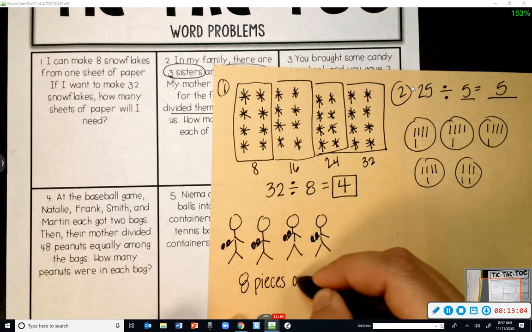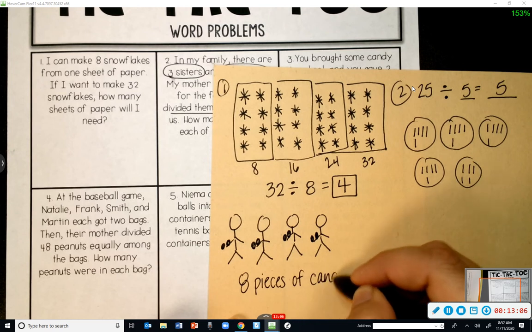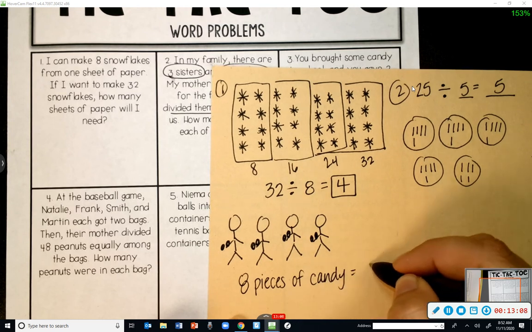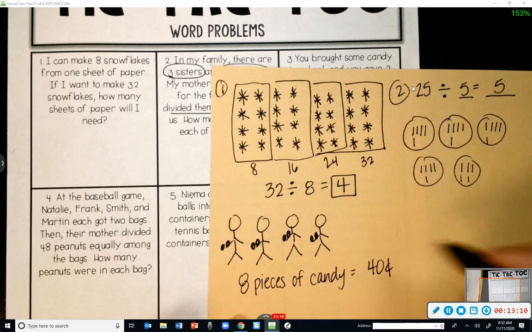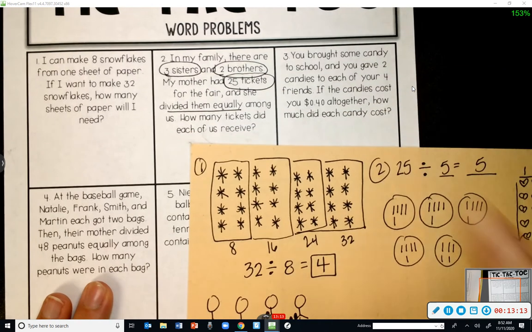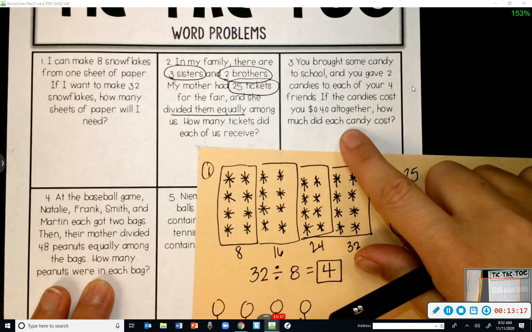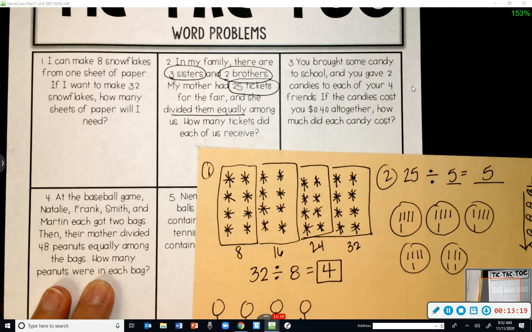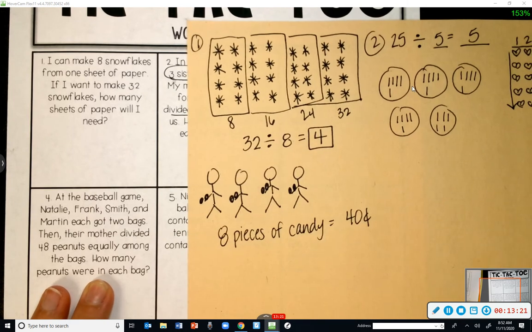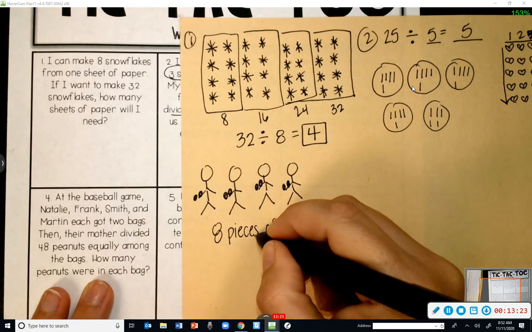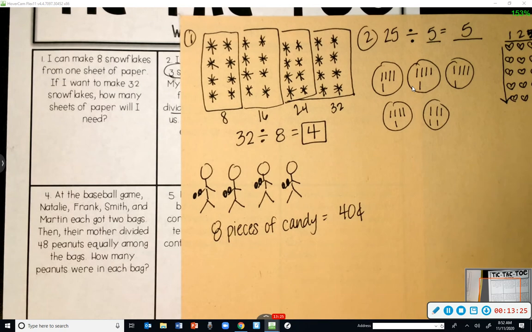So you would do 40 divided 40. All together, they cost 40 cents. Okay? Yes. If the candies cost 40 cents altogether, how much did each candy cost? So what do we need to do next? Count them. Nope, Kelsey said it earlier.